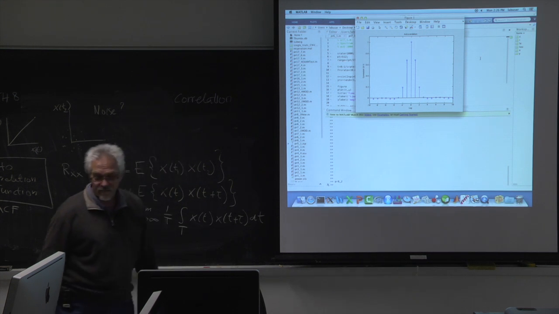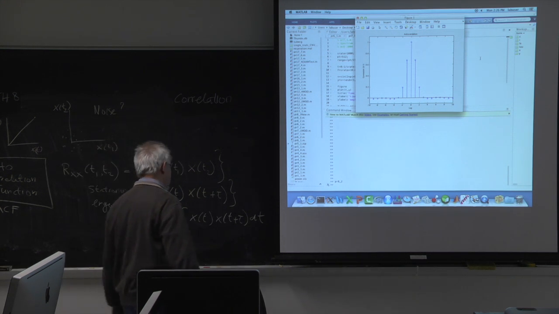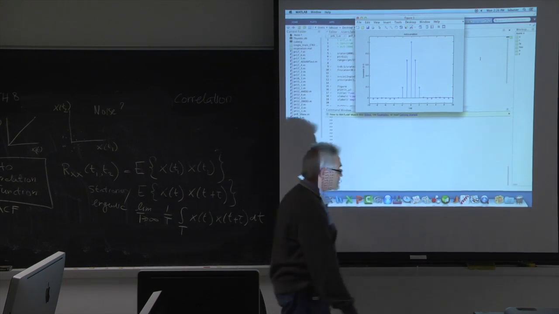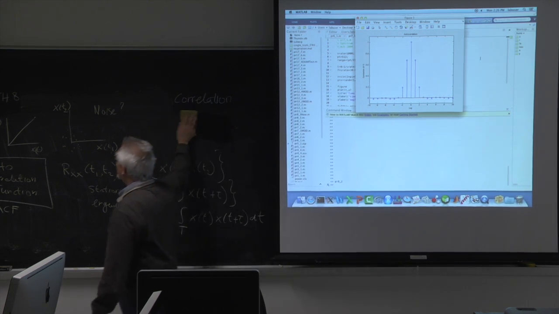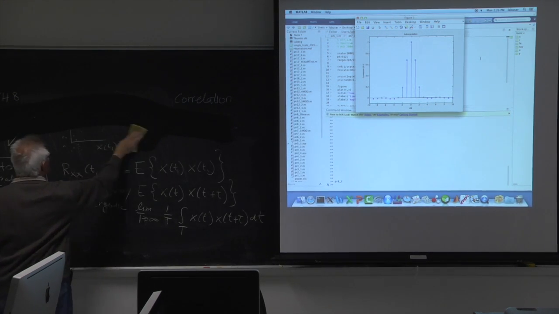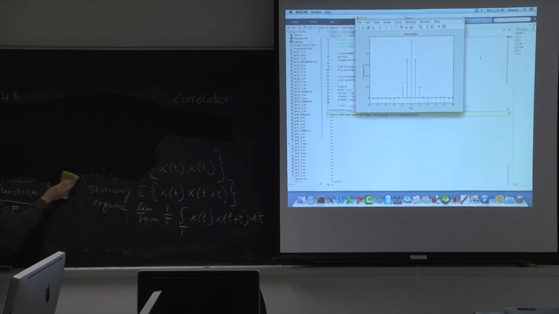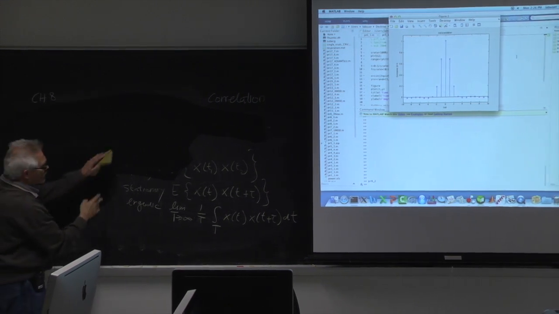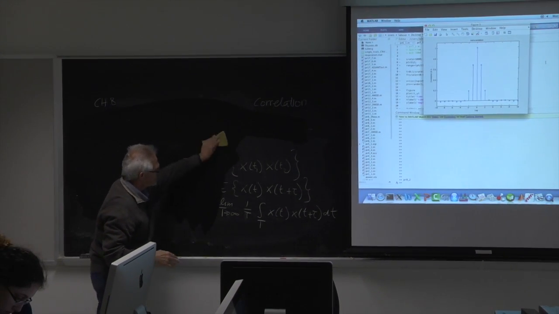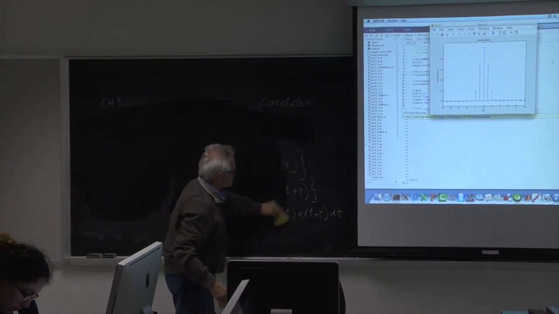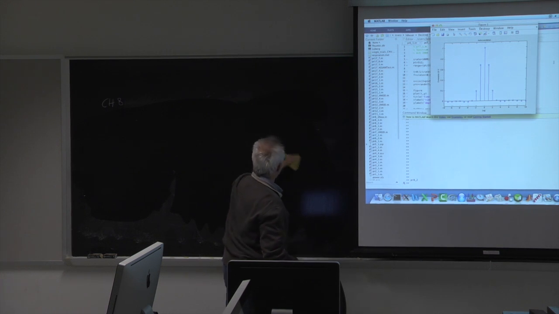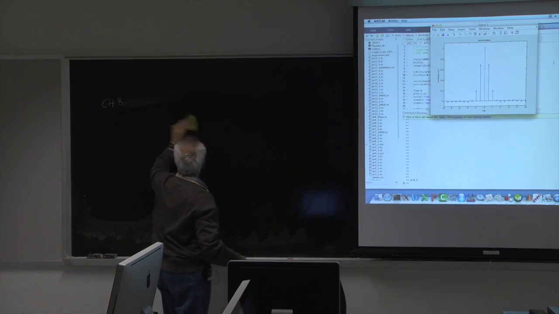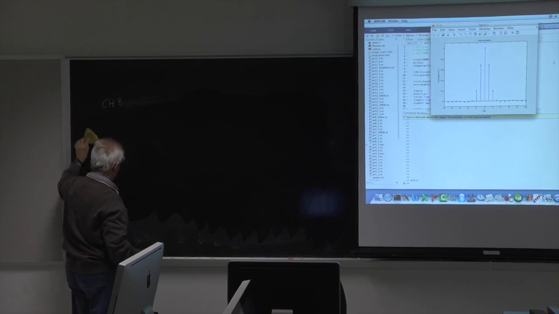Another thing that I want you to look at at home is the frequency domain aspect of the correlation. Since the expression for correlation and convolution is so similar, the derivation that I just showed you for convolution in the frequency domain is pretty identical to the expression of the frequency domain of the correlation.